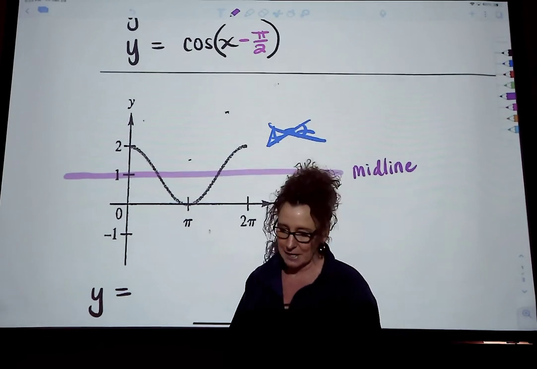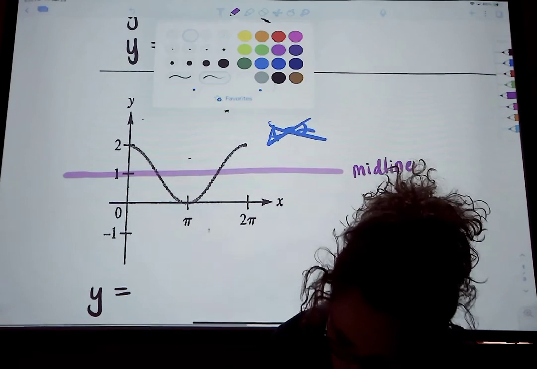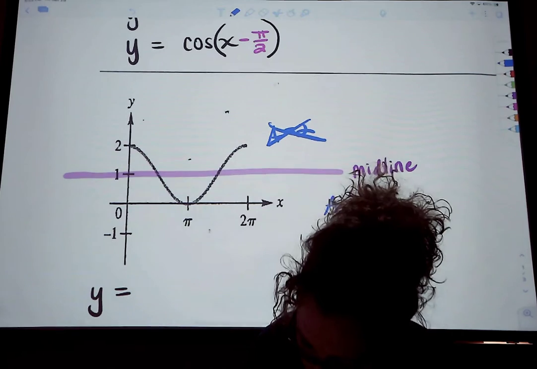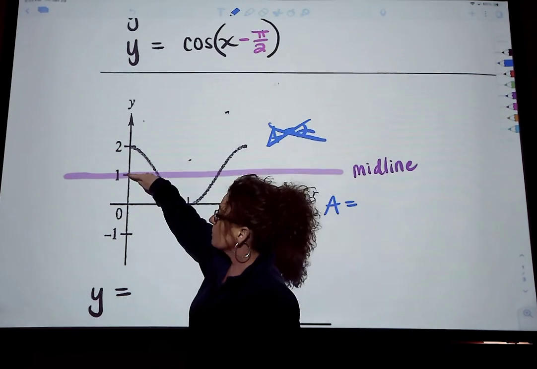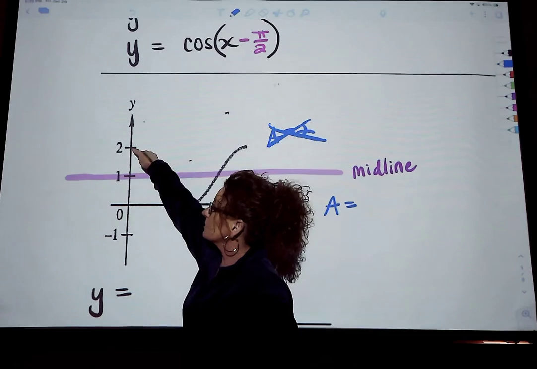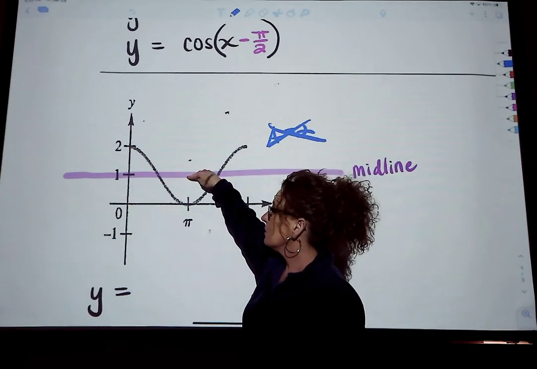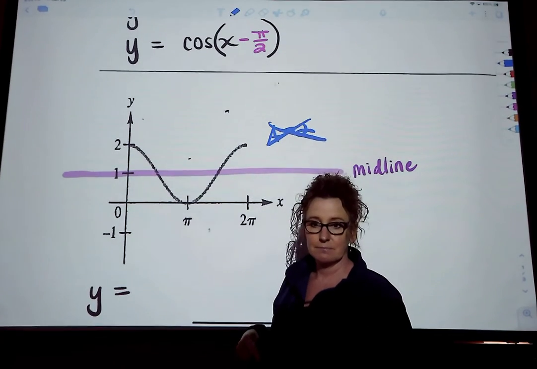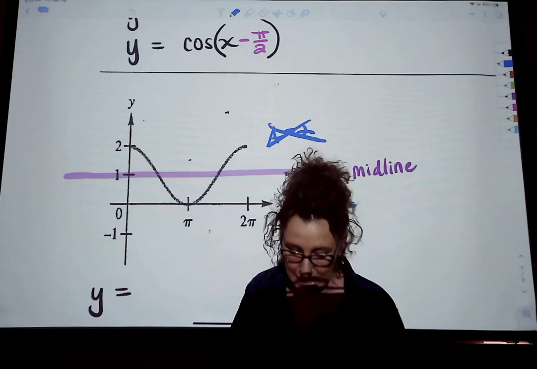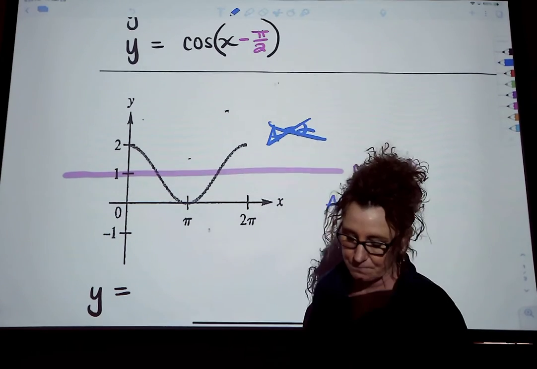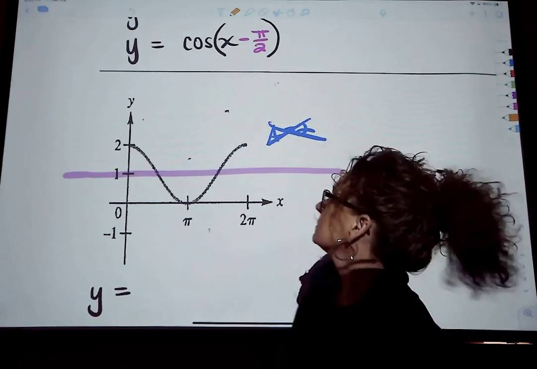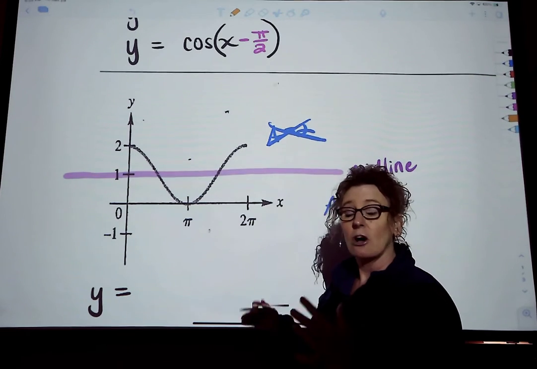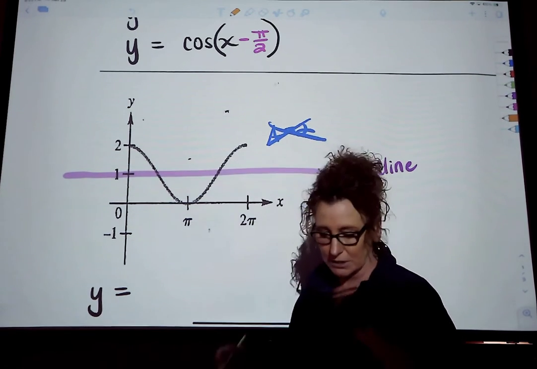Now, what's the amplitude? Once you've identified what the middle is, the amplitude is just 1, because from the middle, it only goes up 1. From the middle, it only goes down 1. So the amplitude is 1. And what's the period? How long does it take for you to see one complete cycle?